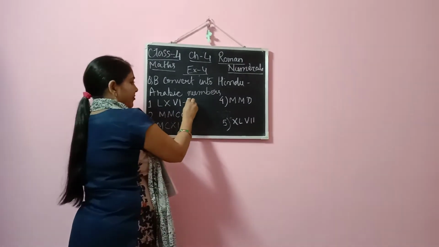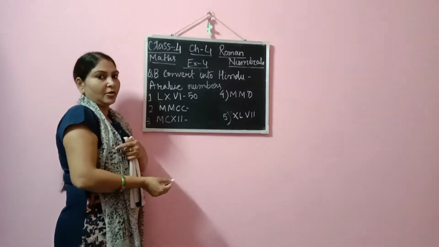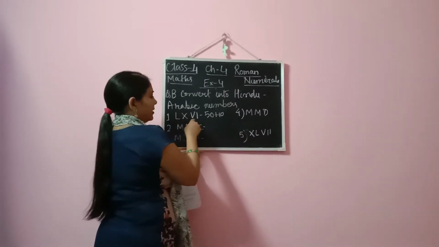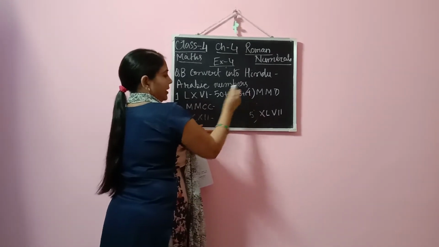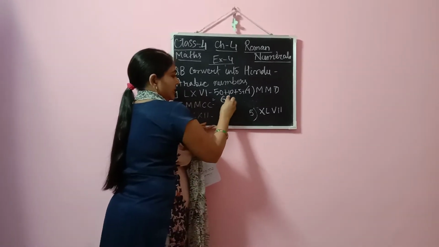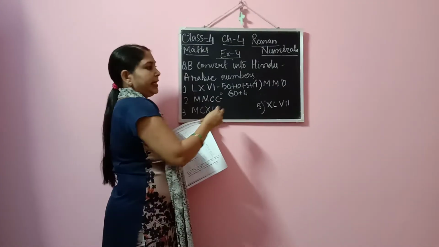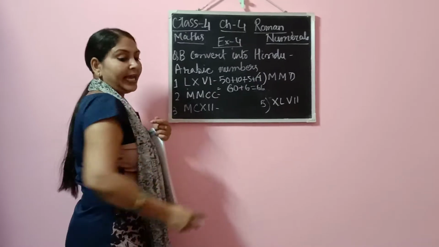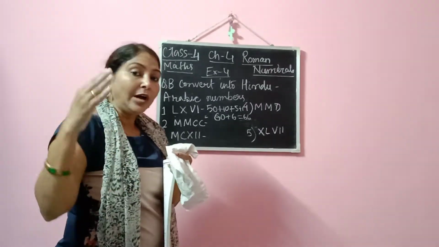So 50 plus 10, and then 6, or you can break it as 5 plus 1. 50 plus 10 is 60, and 5 plus 1 is 6, which equals 66. So LXVI means 66.